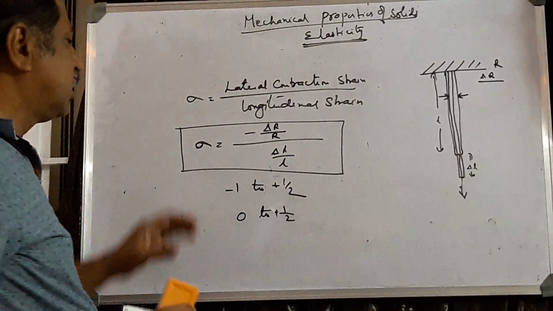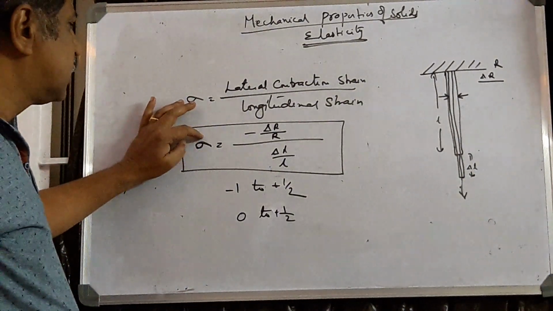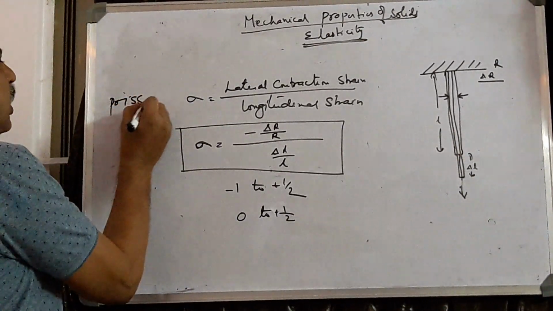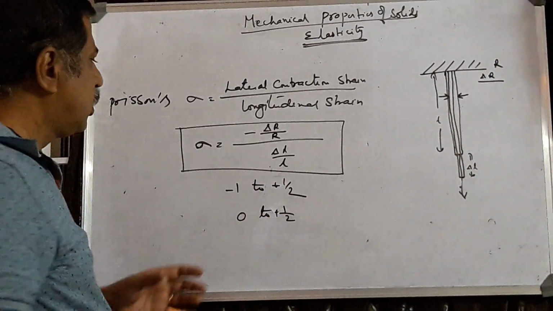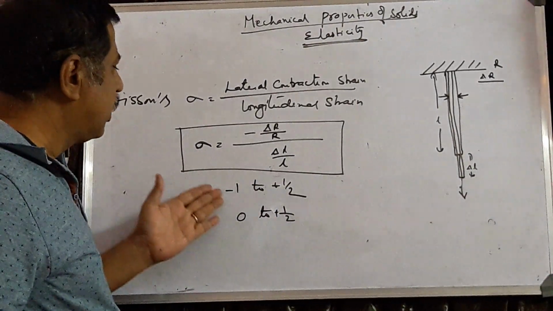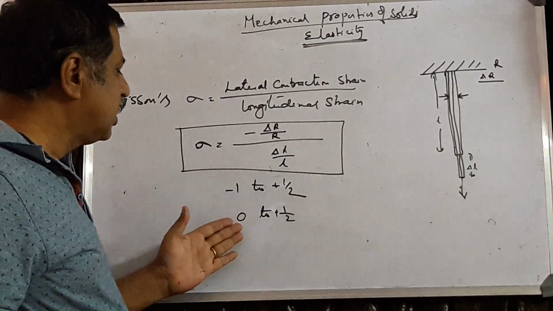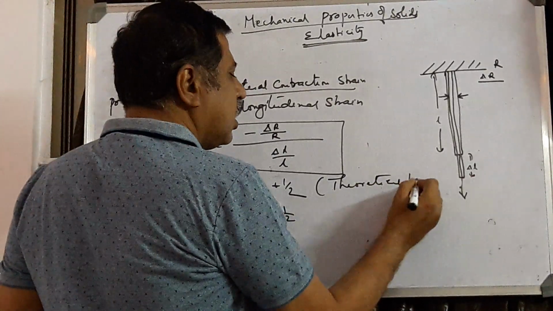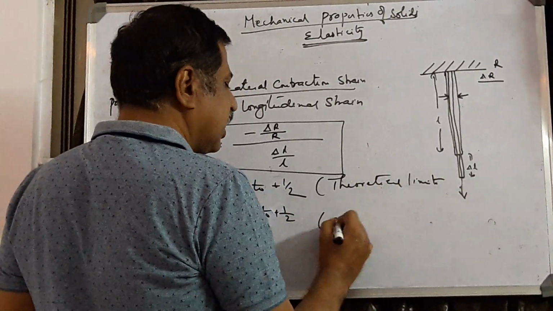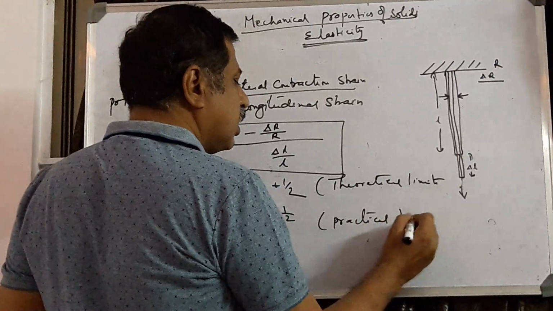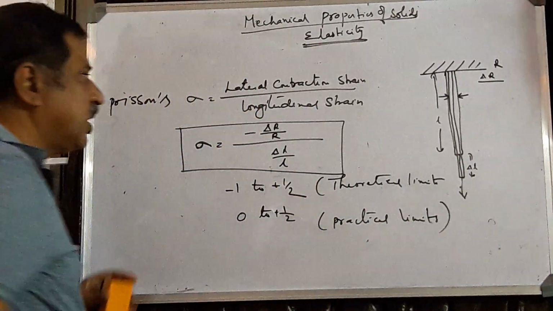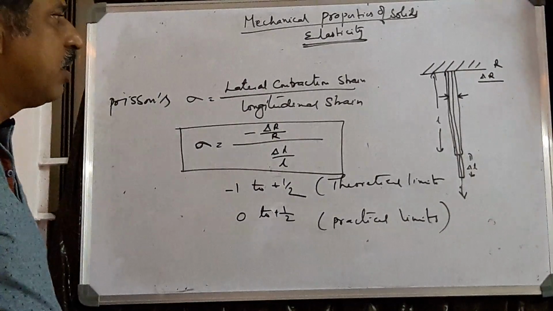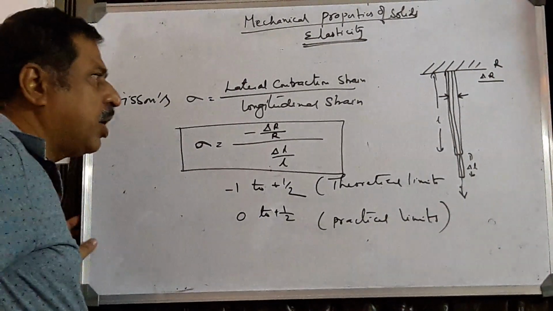The theoretical limits of this sigma, that means Poisson's ratio, lie between -1 to +½ practical limits. These are the theoretical limits. These are the practical limits. Here the minus sign comes due to the decrease in radius of the wire. This is about the Poisson's ratio.